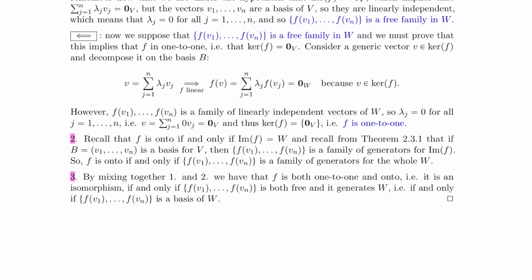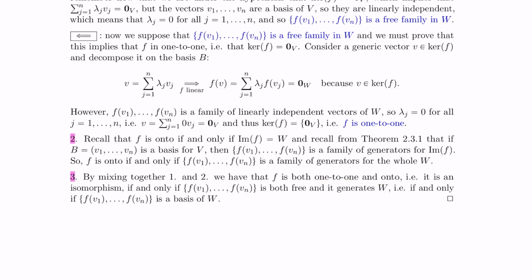If we now assume statement 1, that is f is one-to-one if and only if f of v1, ..., f of vn is a family of linearly independent vectors, then we can immediately prove statement 3. In fact, f is an isomorphism if it is simultaneously one-to-one and onto.